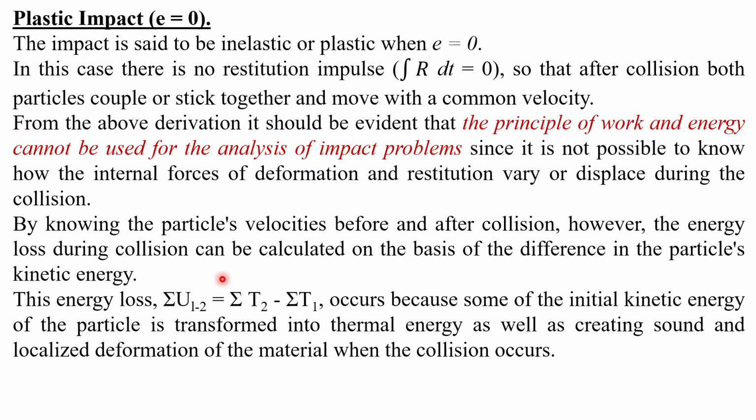That is, total energy loss is equal to total final kinetic energy minus total initial kinetic energy, which occurs because some of the kinetic energy initially of the particle is transformed into thermal energy, as well as creating sound and localized deformation of the material when the collision occurs.